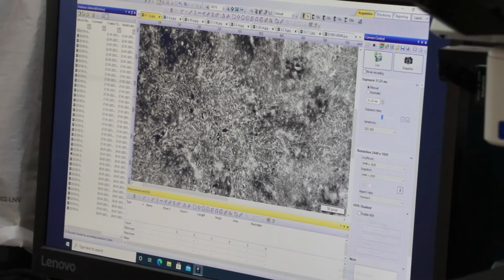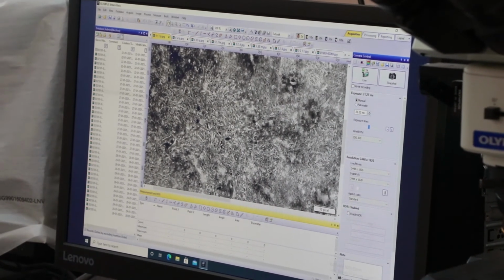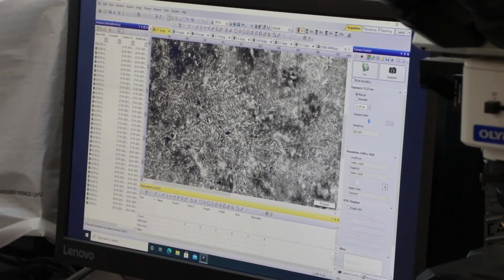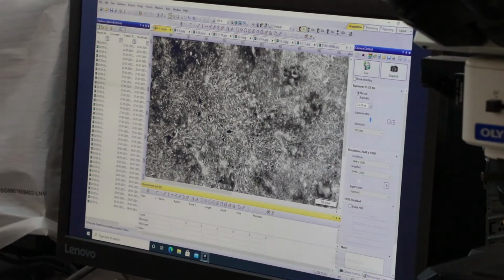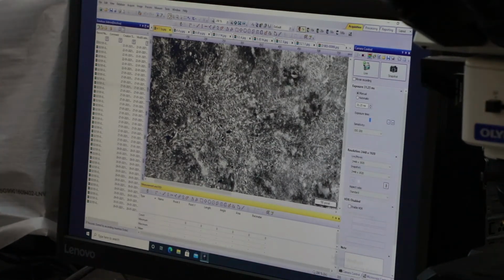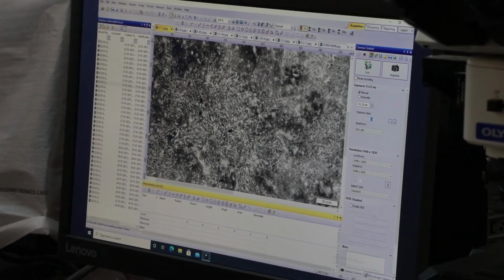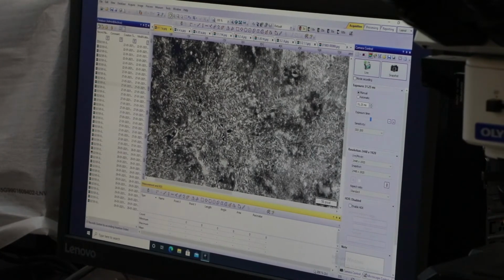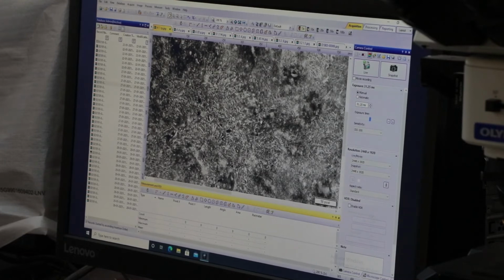So the first sample is 0.4% carbon, the second 0.65%, and the third 1.1% carbon, with carbon variation across the 3 samples. The last sample has more carbon, and so more hardness, and its mechanical properties are higher.